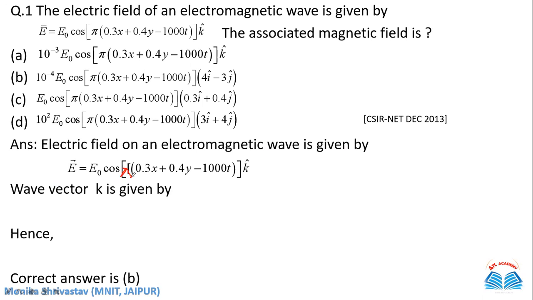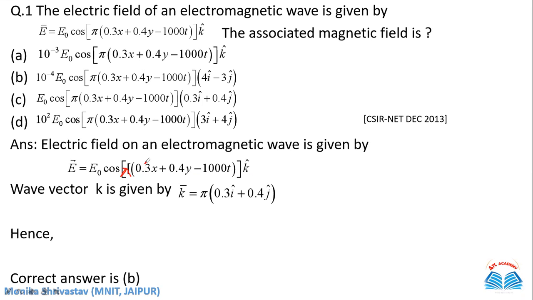Yes. Now, we know our wave vector. What is the formula? We know that E equals E naught cos(kx minus omega t). This is our usual form for any plane wave. We have seen this now: E will be equal to E naught cos(kx minus omega t).